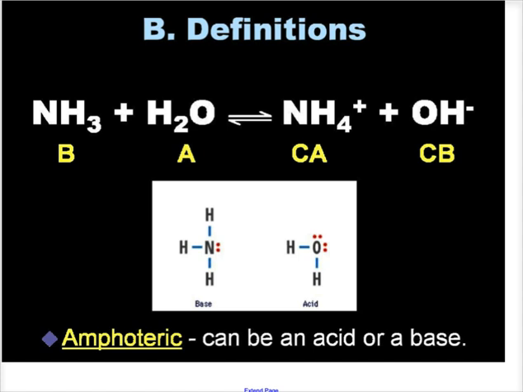Ammonia is rarely going to act as an acid. I don't want you to be confused by this. Water has both properties, depending on its environment, of acting both as an acid or a base. Ammonia rarely would act as an acid. That would be under non-aqueous conditions, and that's beyond the scope of this class.